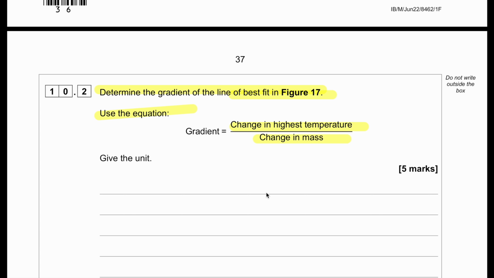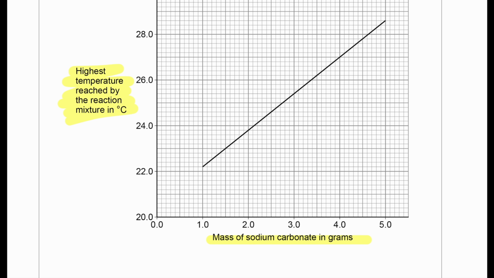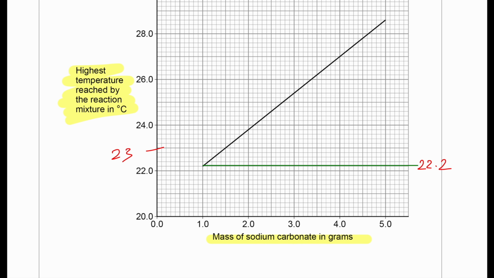So we'll have to find it out. Here we can see, at 1 gram of sodium carbonate, the temperature recorded was, this is 23, so this will be 22.2.